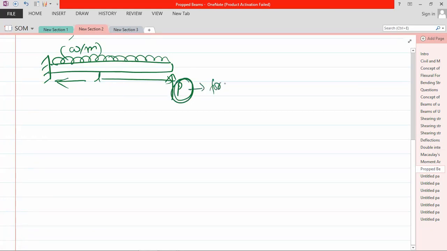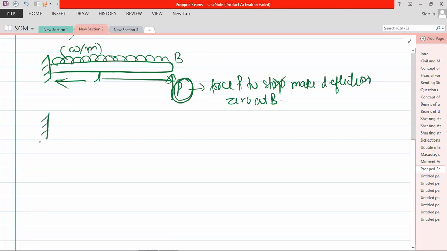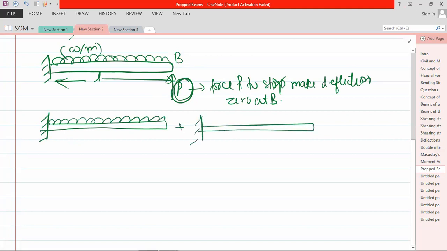Now we need to obtain what the force P is to make the deflection 0 at B. Now the deflection at B, if it's just the distributed load, from the superposition theorem, is this much, plus suppose a load is acting in this way at B. What will be the deflection at B from the UDL?